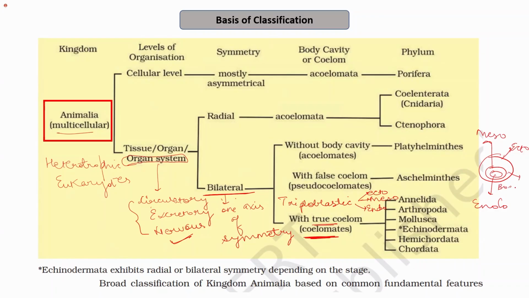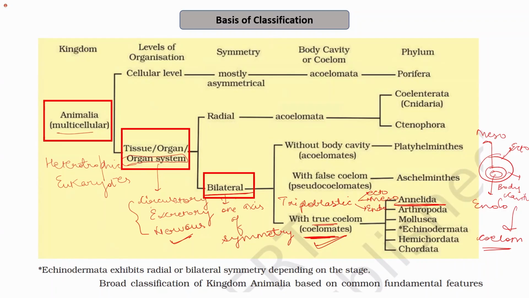So the true body cavity is called coelom, and it is present in the organisms of the phylum Annelida. So they are coelomates. Basically, what we know about the organisms that belong to phylum Annelida is that they are animals, multicellular, have organ system level of organization, are bilaterally symmetrical, and have a true coelom.